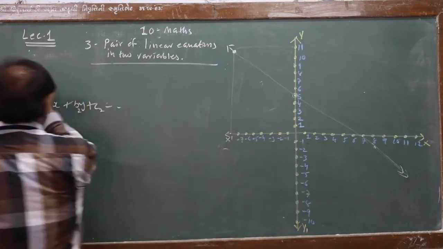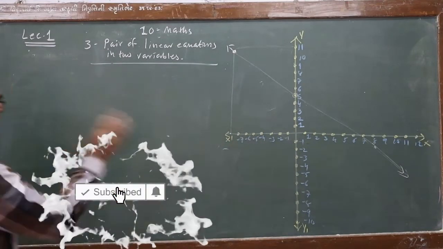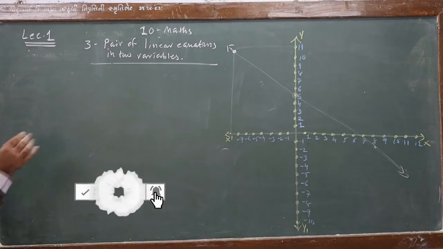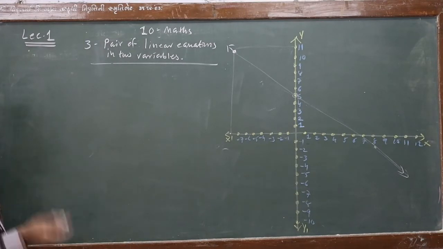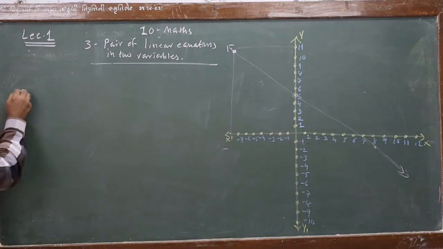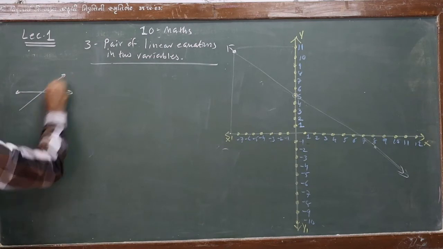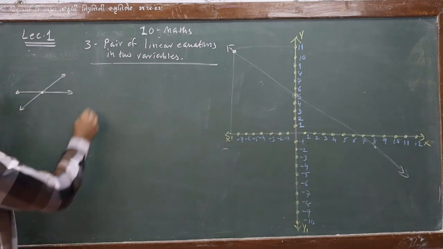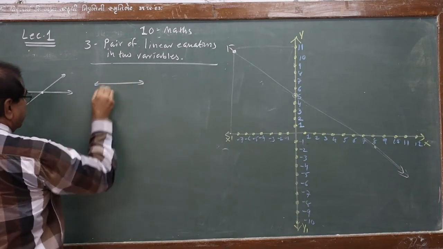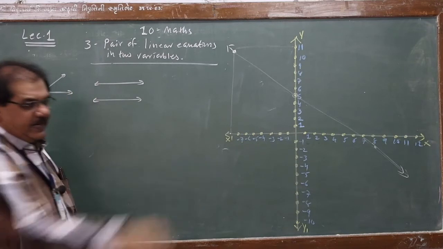So in the same graph paper or on the same page or in the same plane, suppose I draw two lines, then what are the different answers? Number one, both lines can intersect each other at a point. Number two, both the lines being in the same plane never intersect each other.